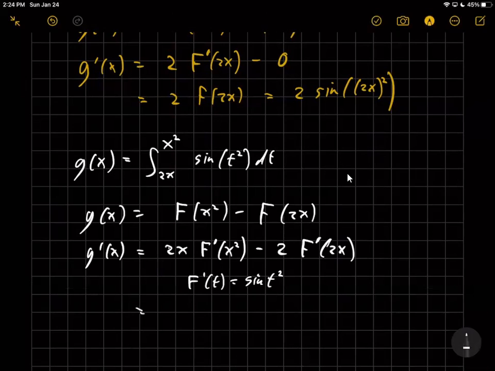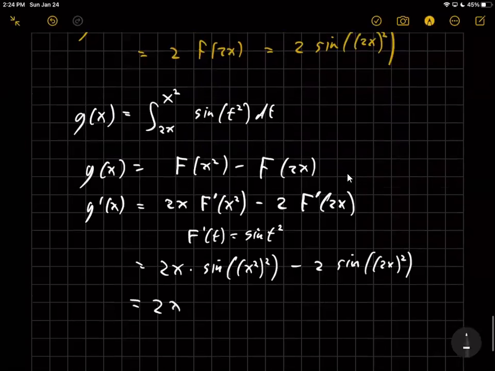And so we can say this answer will be 2x times the sine of, we have to put in x squared squared, minus 2 times the sine of 2x squared. We should probably clean that up and say this is 2x times the sine of x to the fourth minus 2 times the sine of, and I'll put it in parentheses, 4x squared. That'd be a better way of saying it.